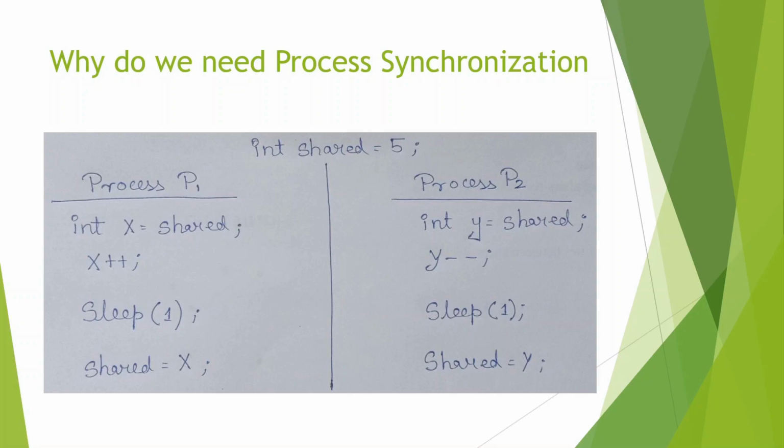As we know, the value of X for process P1 is stored in the process control block before P1 went to sleep. So shared is reinitialized with the value 6 and P1 is terminated. Control goes to P2, and shared gets the value 4. So the final value of shared is 4.